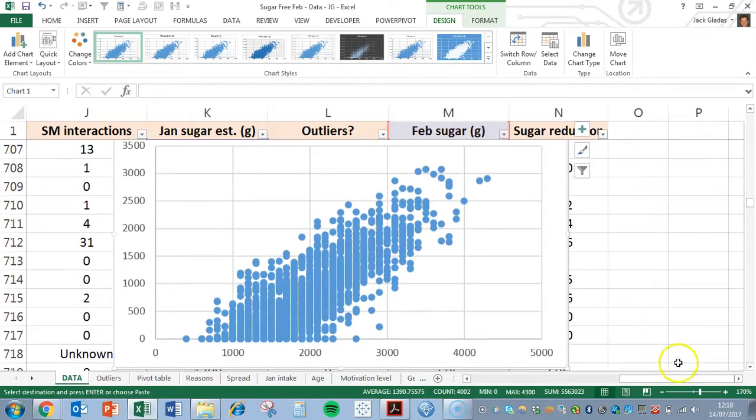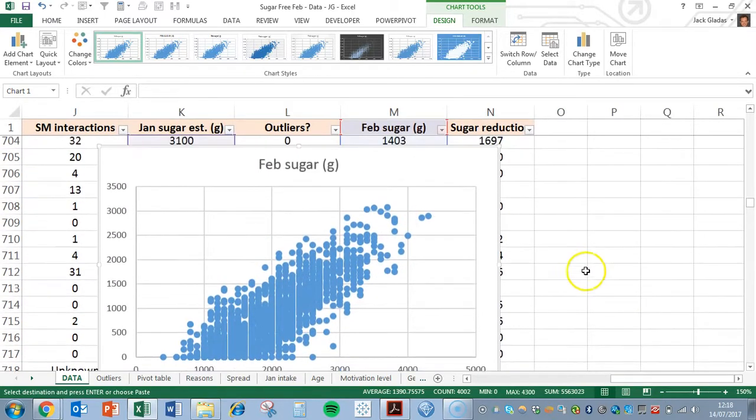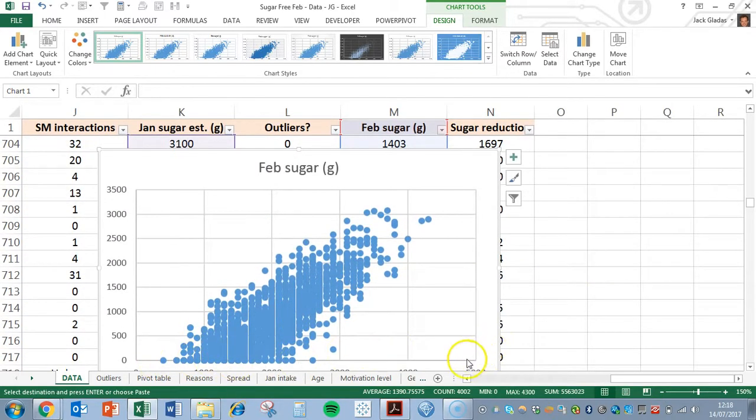Now we can see instantly that there is a positive correlation here. It means the higher the January sugar intake, the higher the February sugar intake. If the relationship were the opposite, then we'd have negative correlation. For example, the greater the mass of a vehicle, the lower the fuel efficiency. That would be negative.